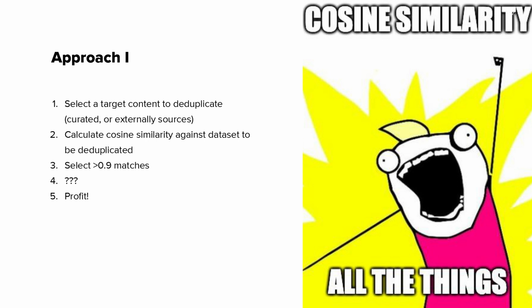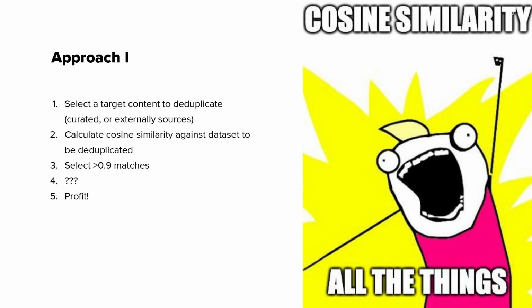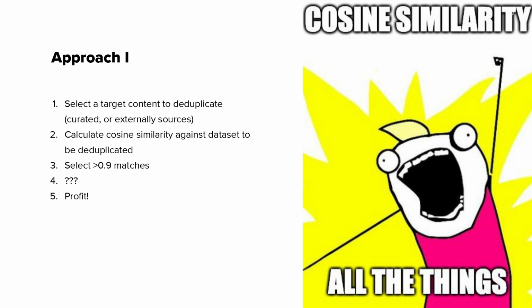We didn't use any kind of database or search. We just wrote a Python script that calculated all of those. We selected 0.9 matches. The biggest one is 1, so you can think about it as 90%. That's not precisely what it is, but it's a good intuition. And we got our results.